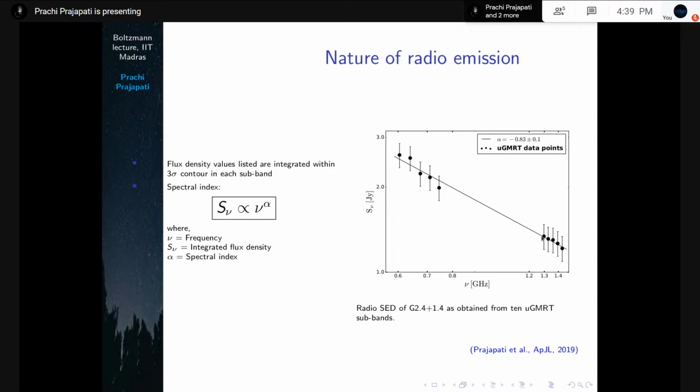That leads to this plot, which is called a spectrum. If we fit a straight line to this spectrum, we get a spectral index of minus 0.83. Since the value of alpha is negative, we can confirm that this bubble has non-thermal emission present in it.